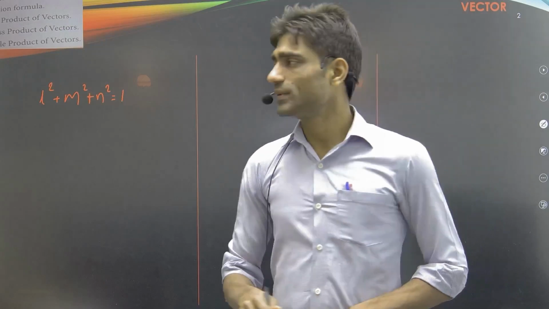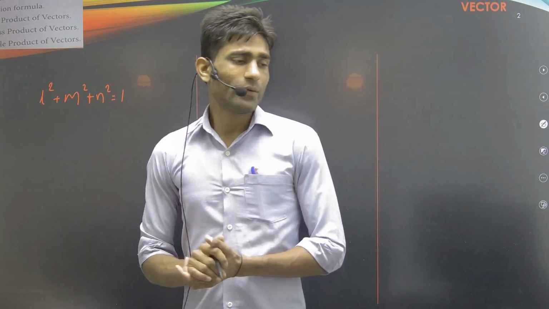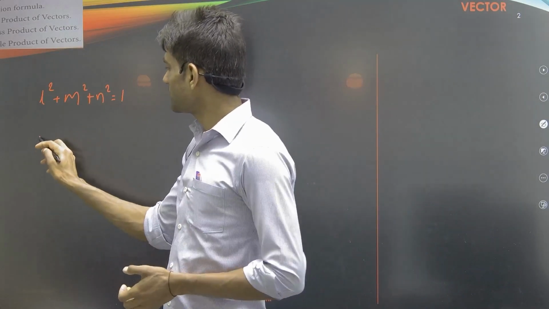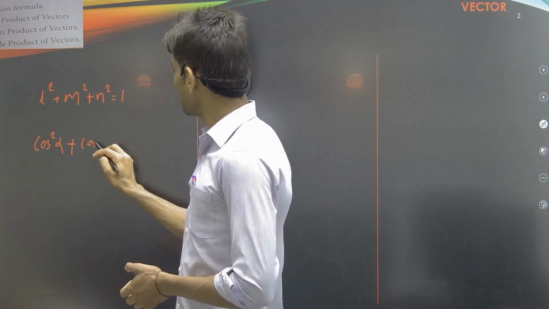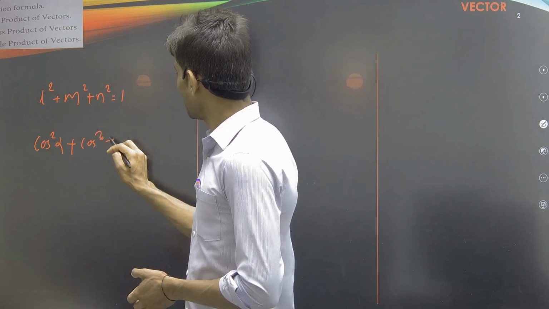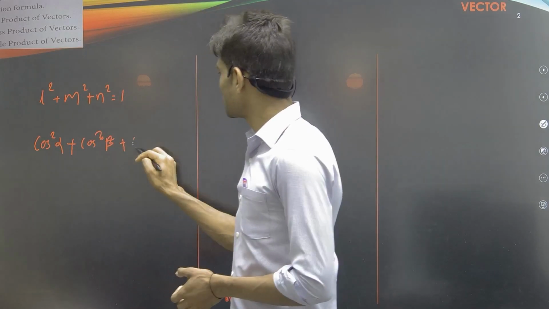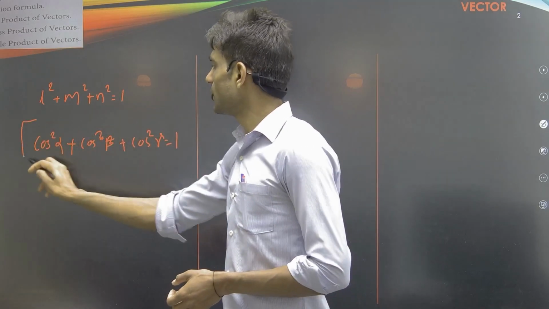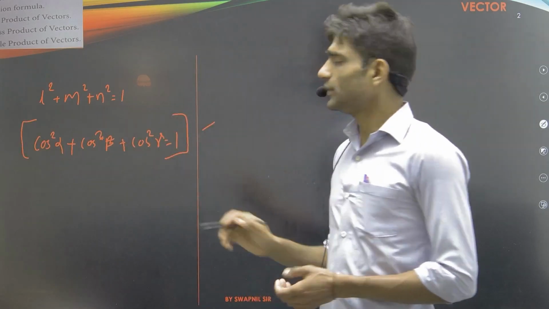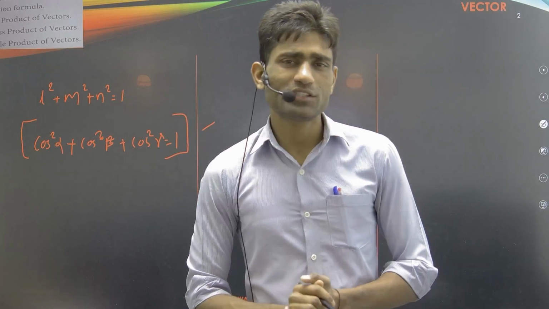That means cos square alpha plus cos square beta plus cos square gamma is equal to 1.